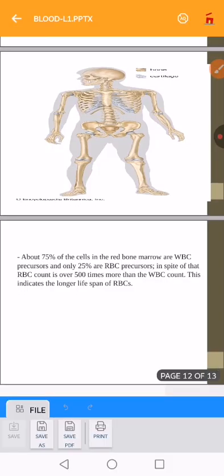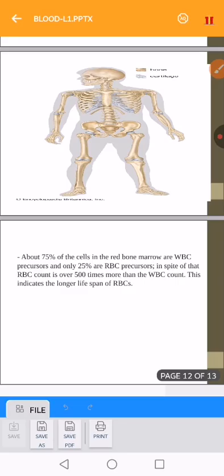About 75% of cells in the bone marrow are WBC precursors, and only 25% are RBC precursors. In spite of that, the RBC count is over 5 times more than the WBC count. This indicates the longer lifespan of RBCs.